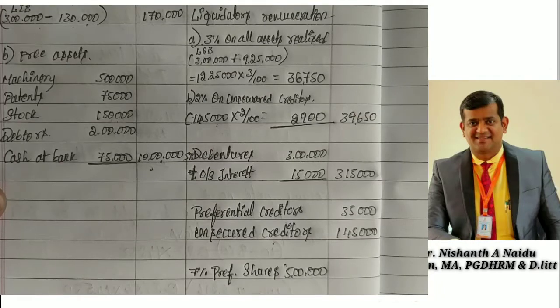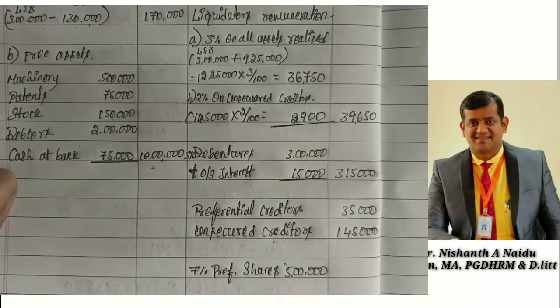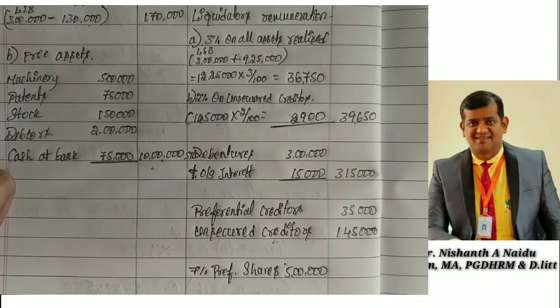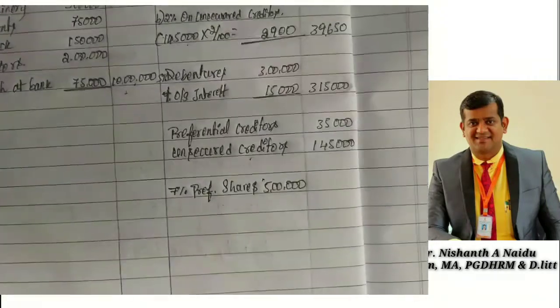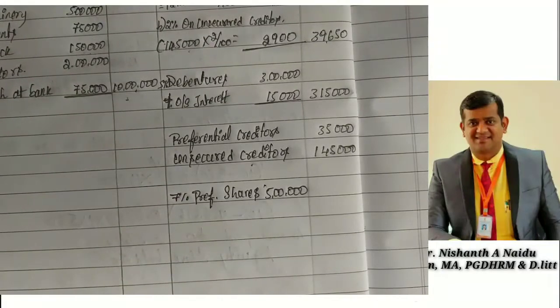Yeah, look at that adjustment that is after preferential creditors. Creditors include preferential creditors rupees 35,000 and a loan of rupees 1,30,000 secured by a mortgage of land and building. The preferential dividend was in arrears for 2 years.